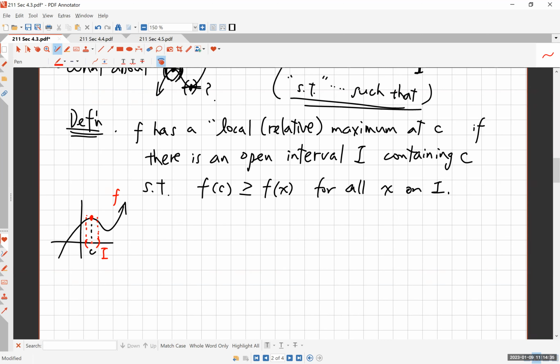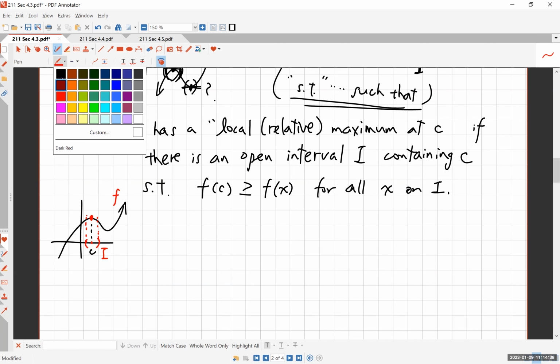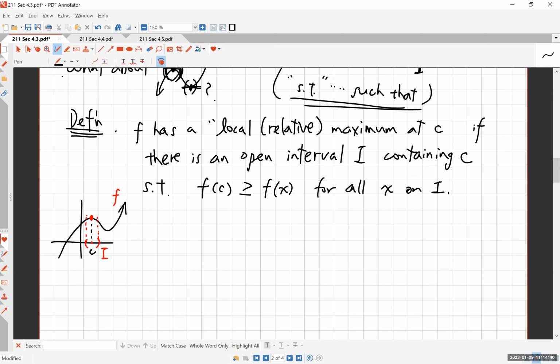Okay, so at this point here, you can say f has a local maximum at C, even though this is not a point of absolute maximum because the function continues to go up, right? So this happens to be a local maximum and not an absolute maximum. Let me write this down. C is where a local maximum occurs, but not an absolute maximum, right?